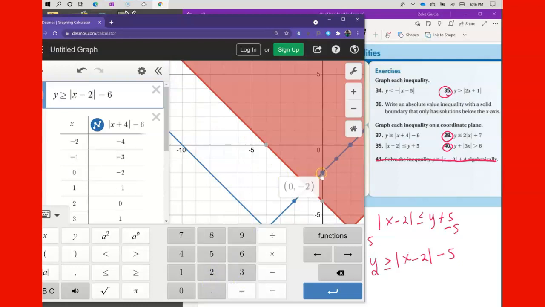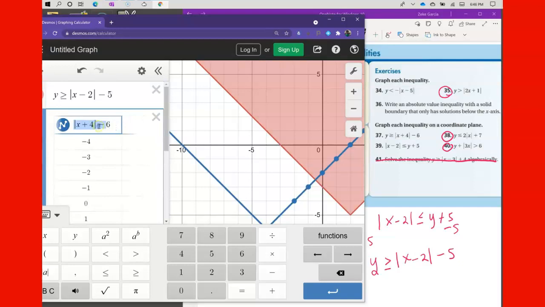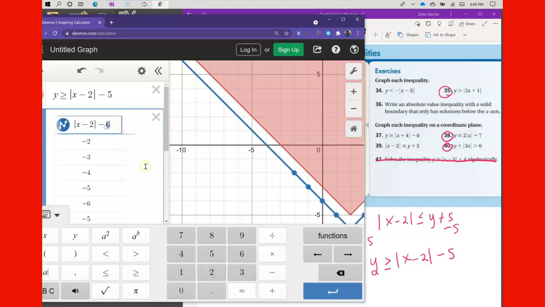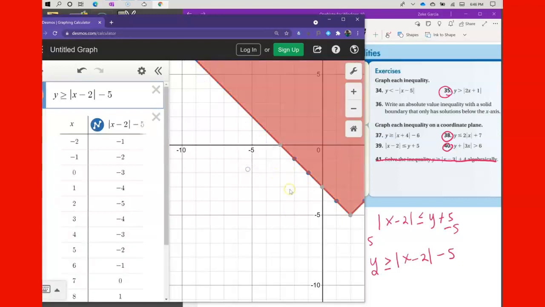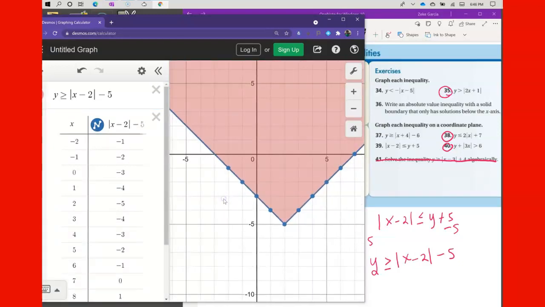And you see how it shifted to the right. And of course it's minus 5. So now if you want it to align with what you just wrote down, you just have to change the equation. Minus 2, and then you have a minus 5, right? And so there it is, the graph. The graph is right there, okay?